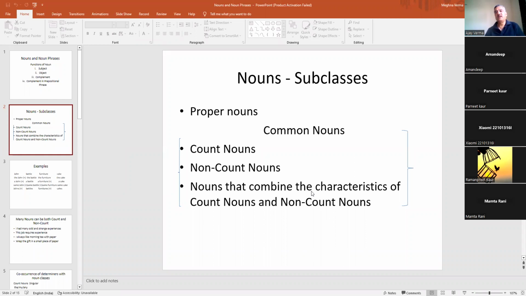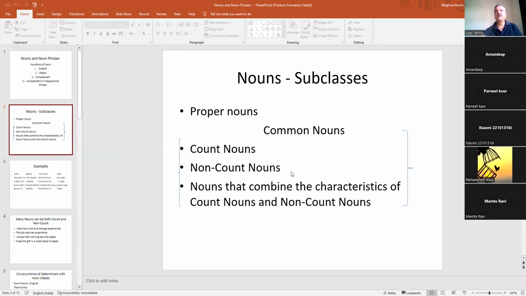In this grammar, the term count nouns is used. As the name suggests, countable nouns or count nouns are those nouns which can occur both in singular and in plural forms. They have singular and plural forms. They can be counted.